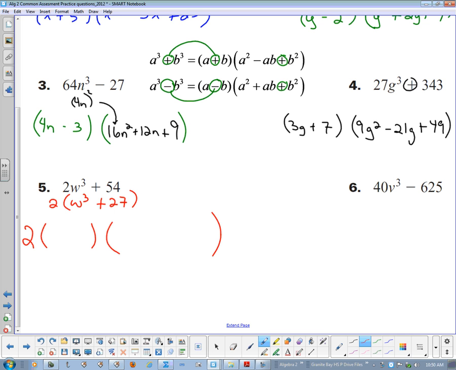I'm going to bring that 2 down here. What's going to be inside here? W plus 3. Now, since this original one was a plus, we have plus, plus. This next one is going to be a minus. Okay, so w squared minus 3w plus 9.